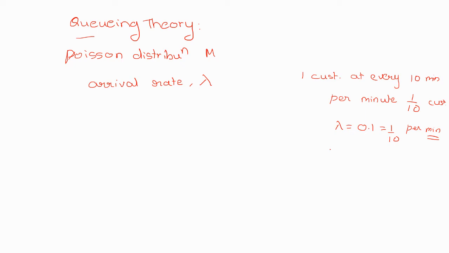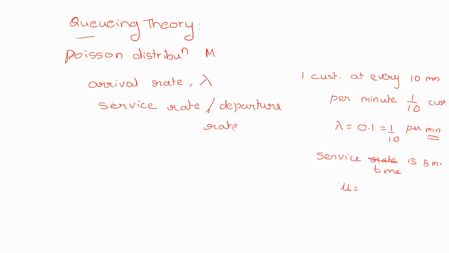Now similarly, if it is given that the service time of that bank is 5 minutes, that is every customer gets served every 5 minutes, then my mu, that is my service rate, or also called the departure rate, will be 1 upon 5 customers per minute. So these are my lambda and mu, and it is assumed that the arrival rate and the service rate follow the Poisson distribution.